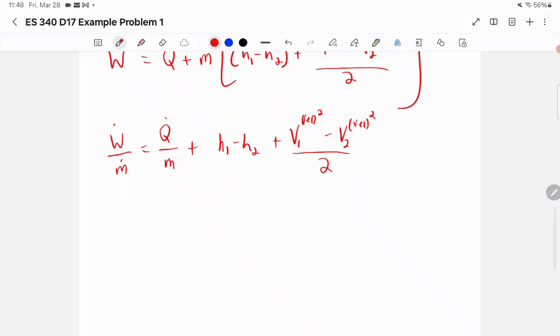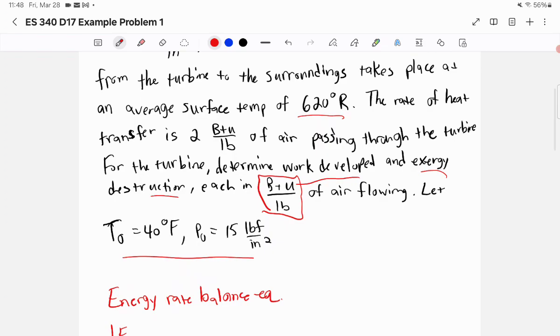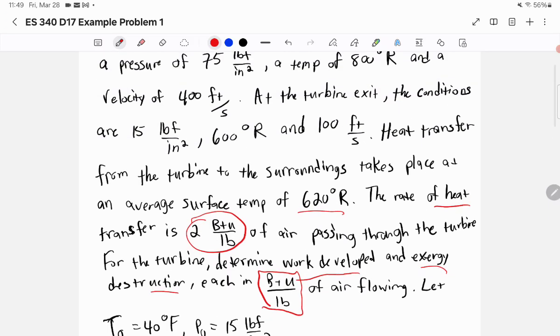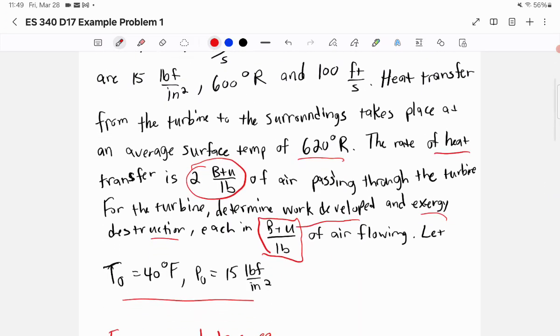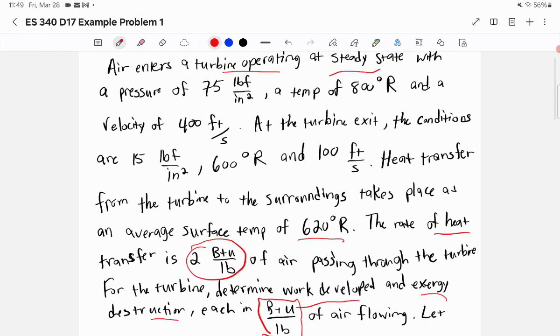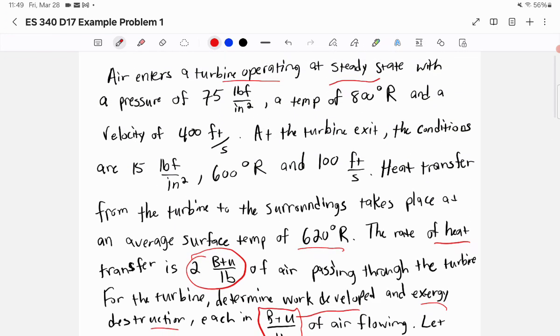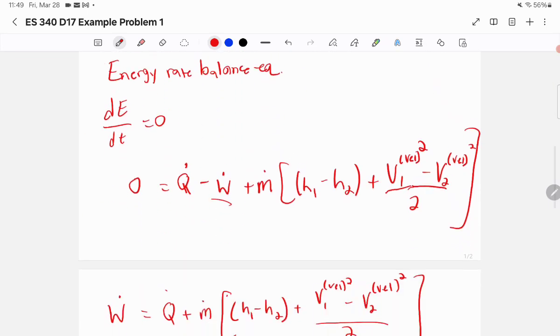Okay, so that's going to be my equation here, and we can find all of the details by looking through the problem. The rate of heat transfer is 2 BTU per pound. The heat transfer goes from the turbine to the surroundings, so that's a key detail here.